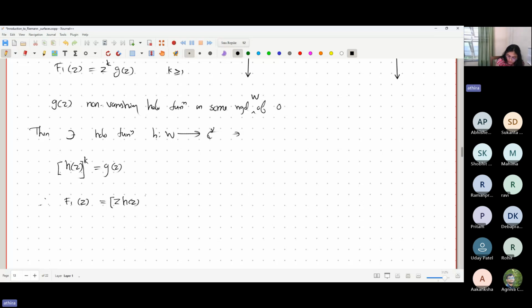So we can write F1 of Z, since F1 of Z is Z to the power K times G of Z, we can write like this. And define alpha from W to... maybe this will make a problem. I will write alpha of Z as Z times H of Z.